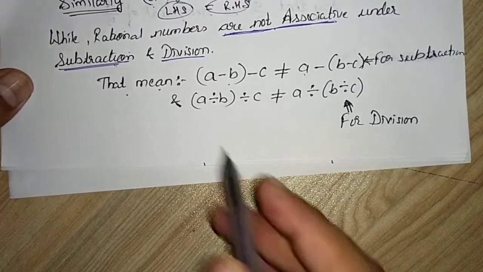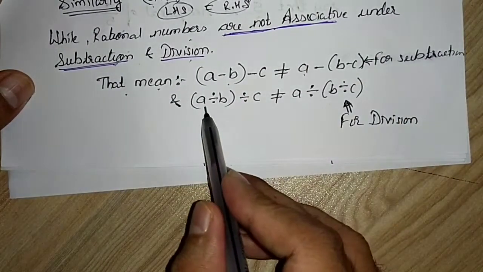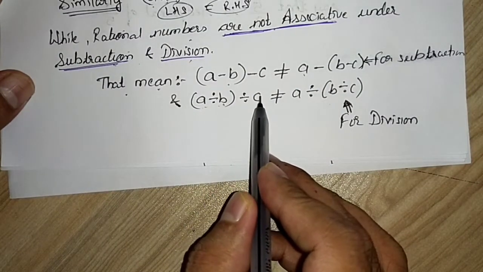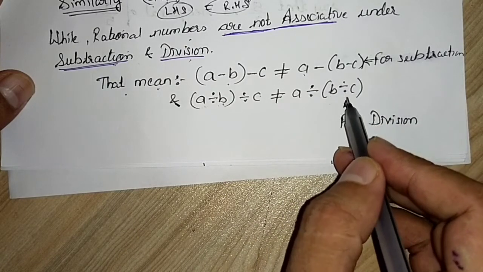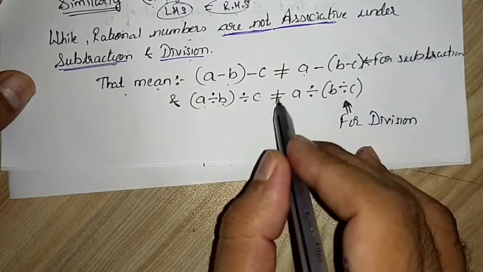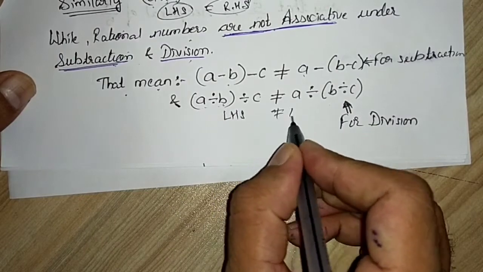Same way, rational numbers are not associative under division, that is A divided by B grouped in one bracket and then divided by C, and then B divided by C in one bracket, whole divided by A. That will not be equal, that means LHS is not equal to RHS.